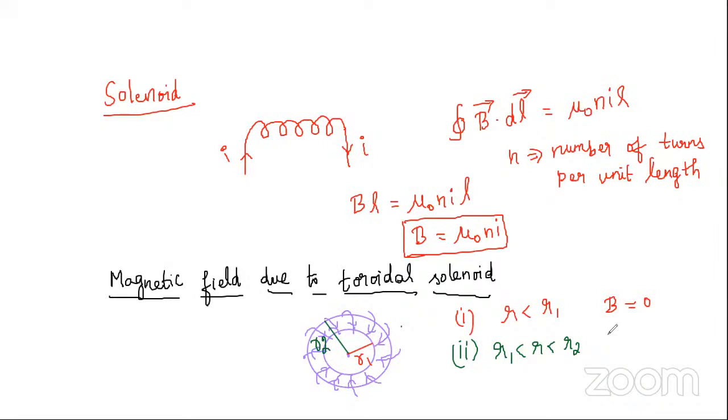B is equal to mu naught N I by 2 pi R. Inside the toroid, the magnetic field is inversely proportional to R, as you can see from this equation.